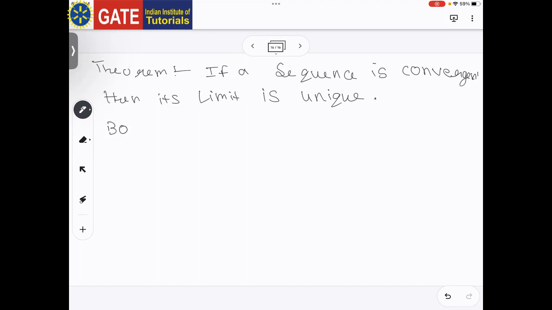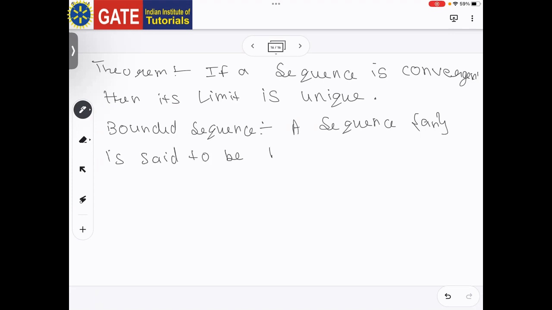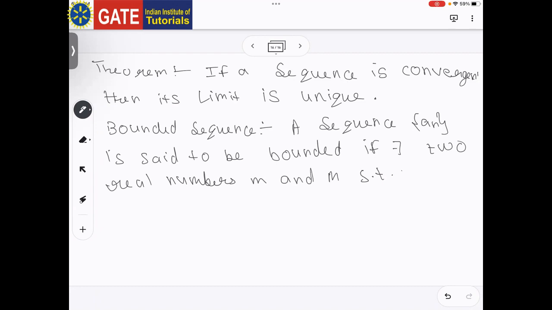Now, bounded sequence. A sequence a_n is said to be bounded if there exist two real numbers m and capital M such that m is less than a_n is less than capital M for all n belonging to natural numbers.